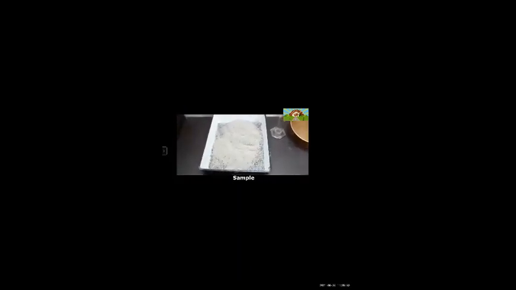So this is the shear box, which is divided into two half portions. This is the soil sample.